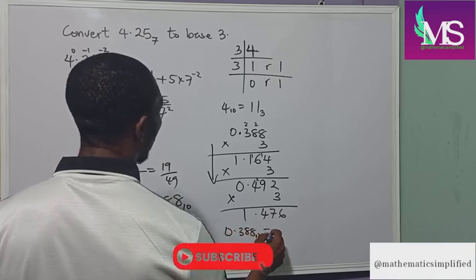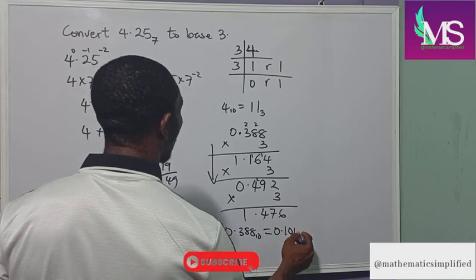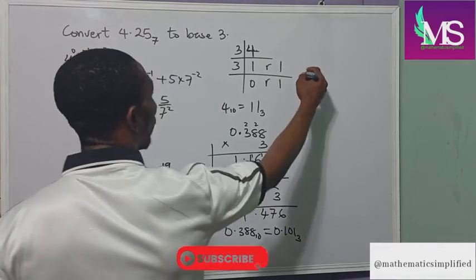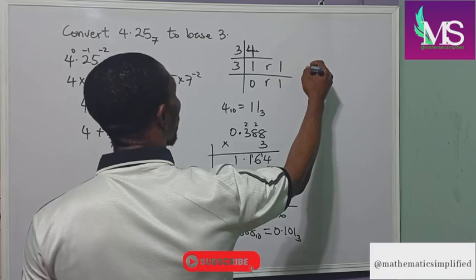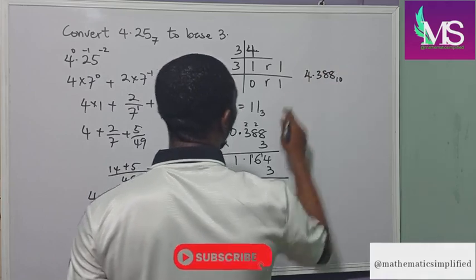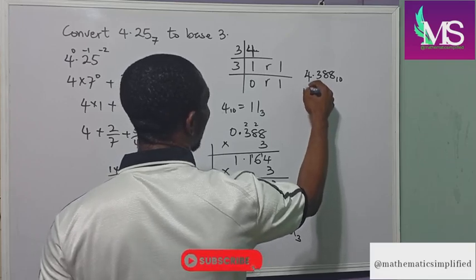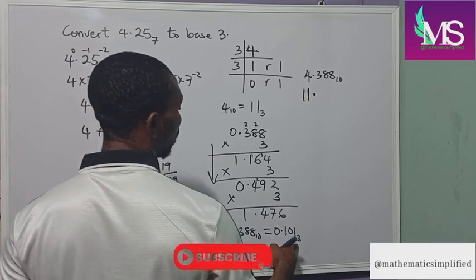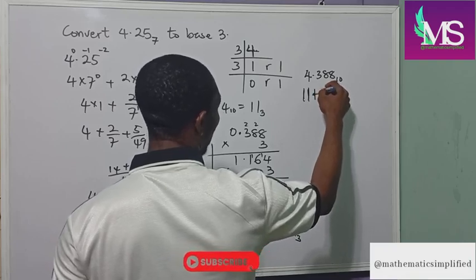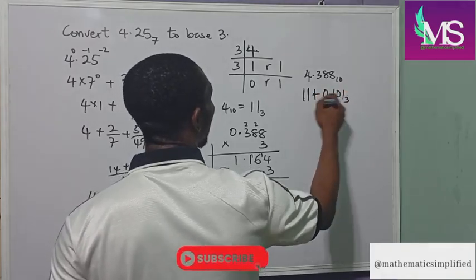0.388 base 10 will give us 0.101 base 3. Now, since our question says it's 4.388 base 10, we are going to bring the digits for 4, which is 11, plus 0.101, all in base 3 now.